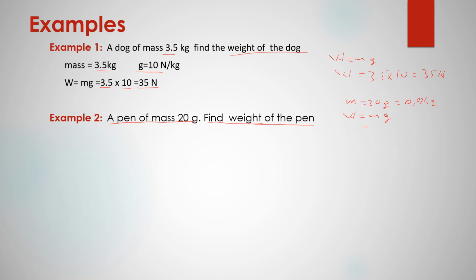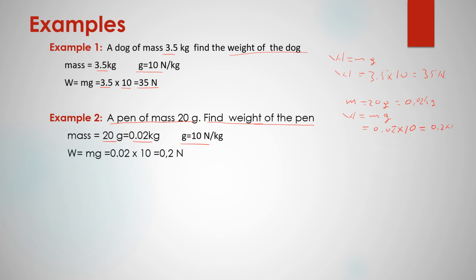So 0.02 multiplied by 10 is equal to 0.2 Newton. Let's see the solution: 20 gram is equal to 0.02 kilogram. Gravitational field strength is 10, so 0.02 multiplied by 10 is equal to 0.2 Newton.